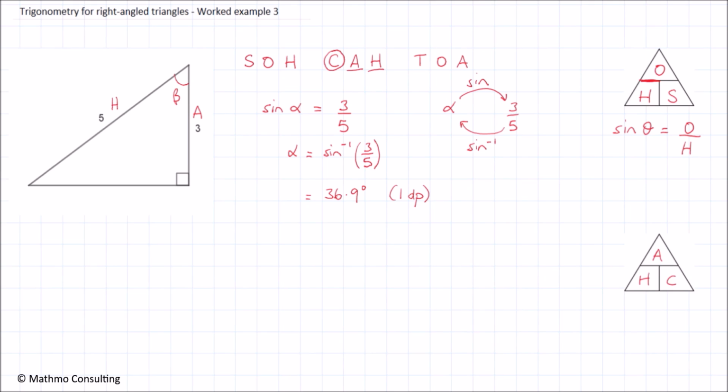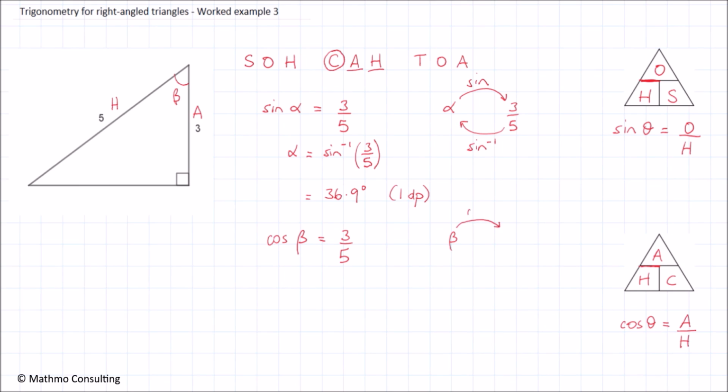And the helper triangle tells us that cos of the angle is the adjacent side divided by the hypotenuse. So in this example, cos of beta is equal to 3/5. And again, we think about starting with an angle beta.